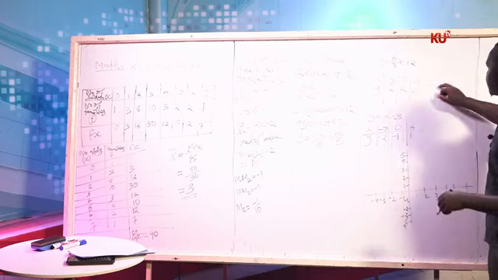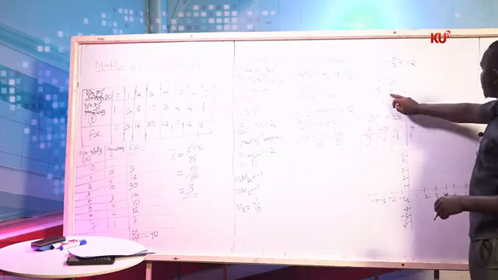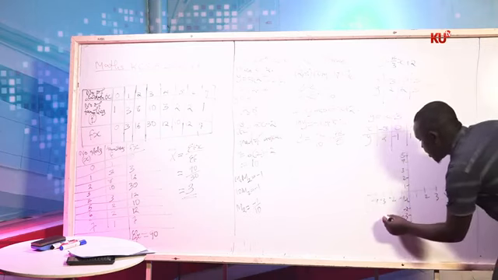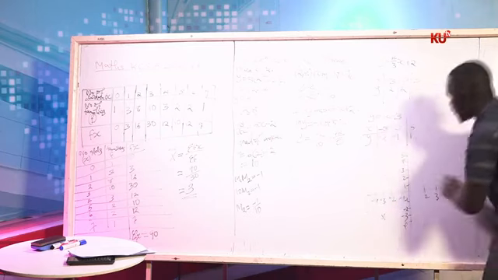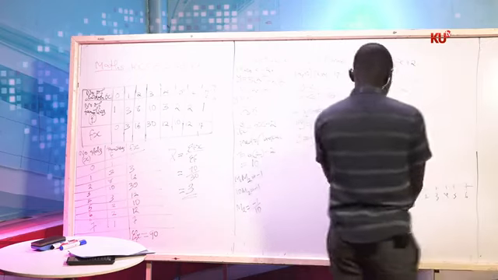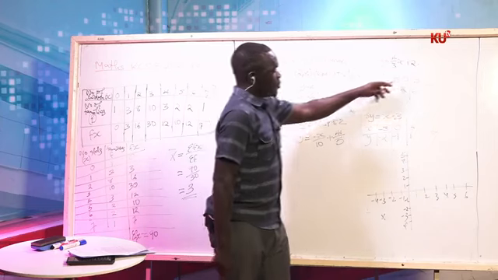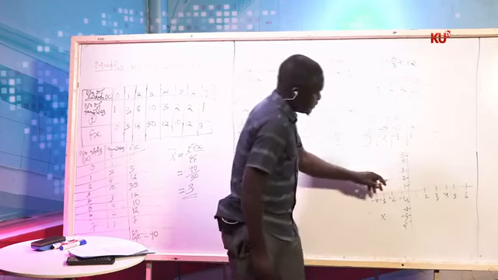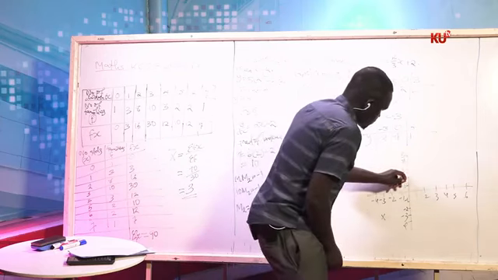Maybe I start with this first table, negative 3, negative 2. So I have negative 3, negative 2. Maybe this is the point, for instance. Then 0, 2: 0 on the x-axis, 2 on the y-axis, it is here.